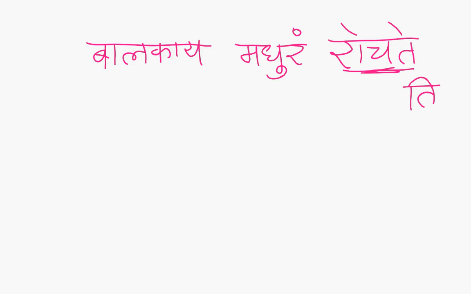So far we know that a kartrupadam in a vakyam in Sanskritam, what should be the vibhakti we have studied? Prathama vibhakti. So where is the prathama? The balaka is not in prathama here. What is the vibhakti of balaka here?